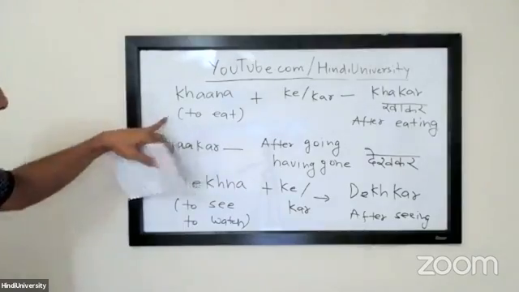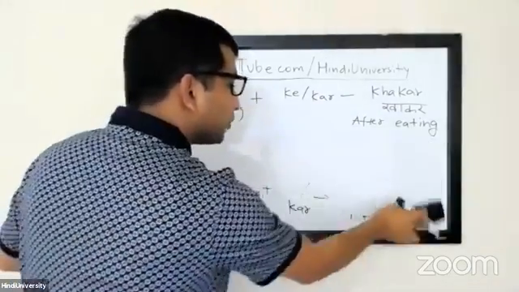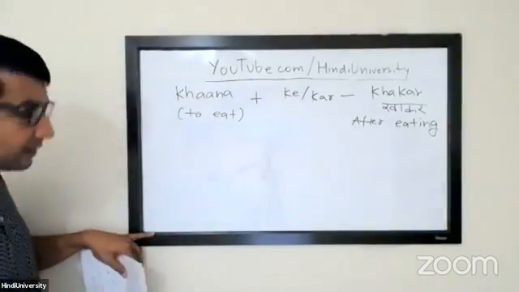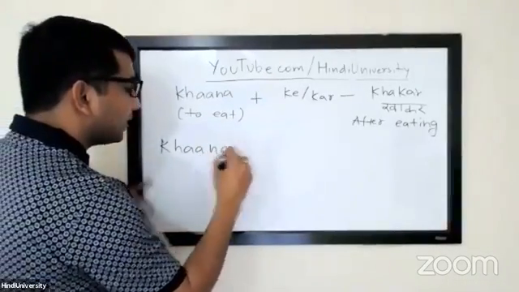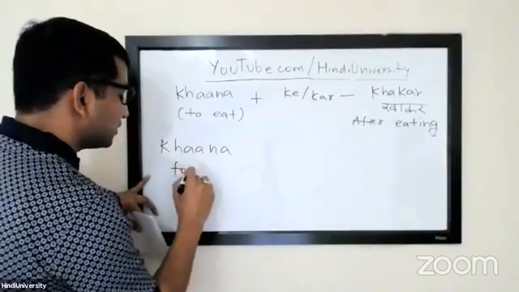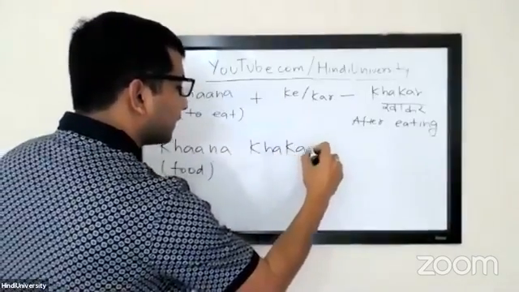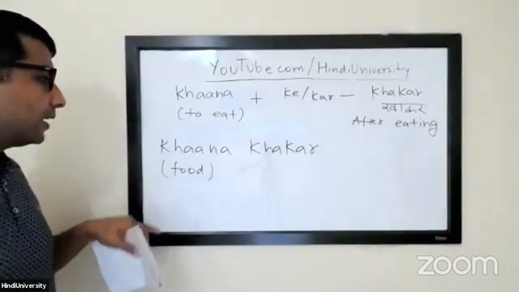So khana is, as I said, a noun as well as a verb. Right now you're using it as a verb. And if you have to say after eating khana, you will say khana, which is food or meal, khakar. Khana khakar, okay?